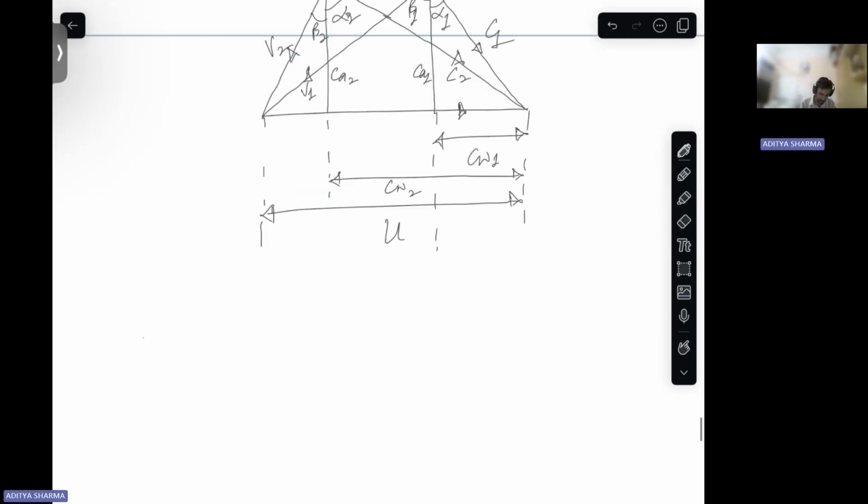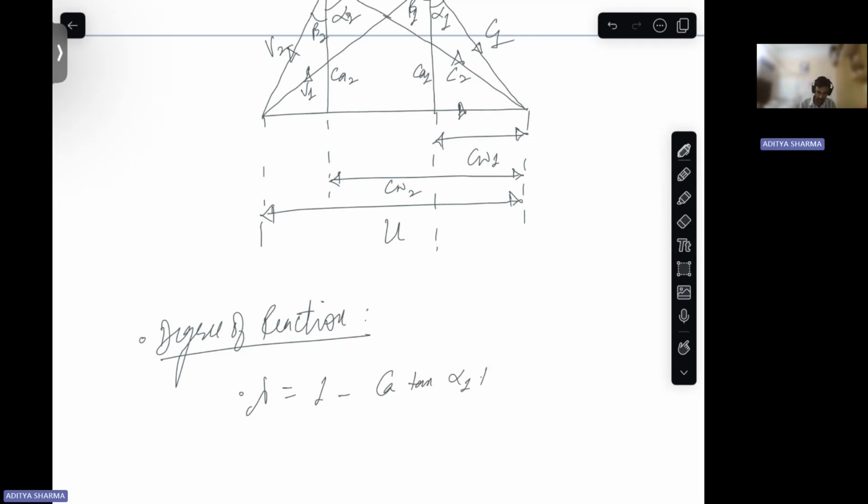Then degree of reaction, if you see, is the enthalpy change in your rotor to the enthalpy change in your whole stage. So this is 1 minus (tan alpha 1 plus tan alpha 2) divided by 2.